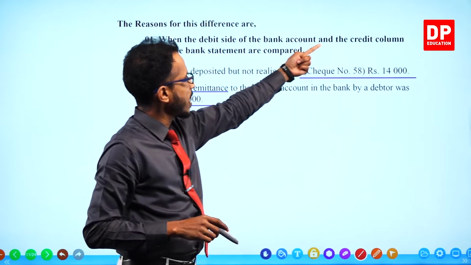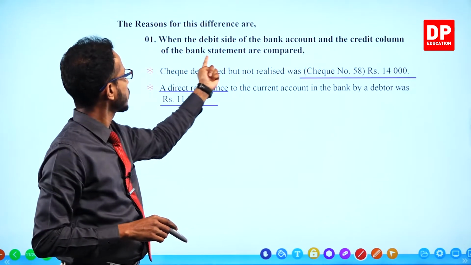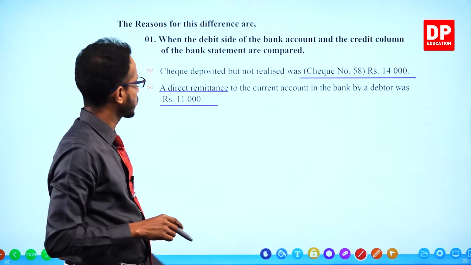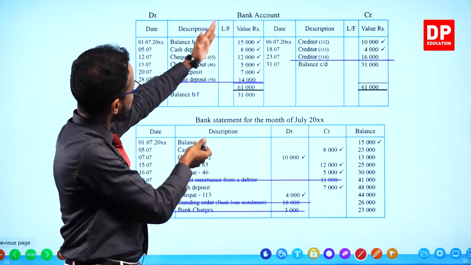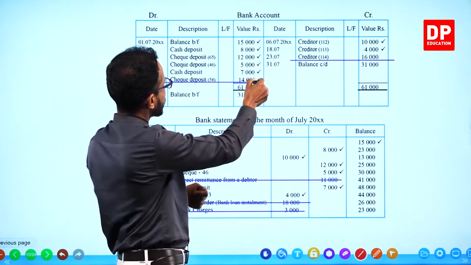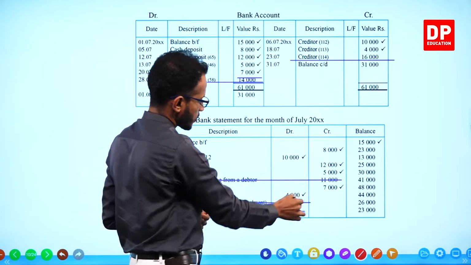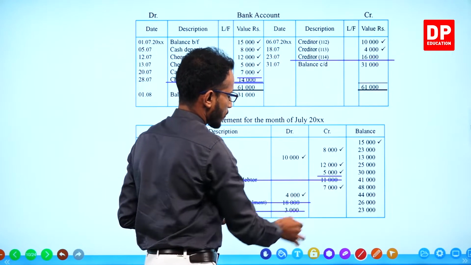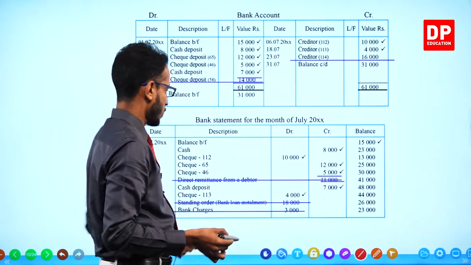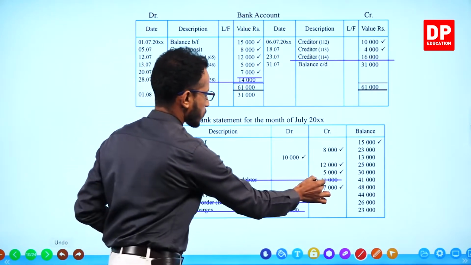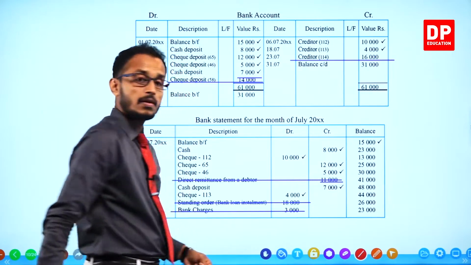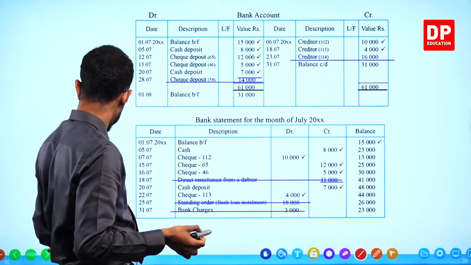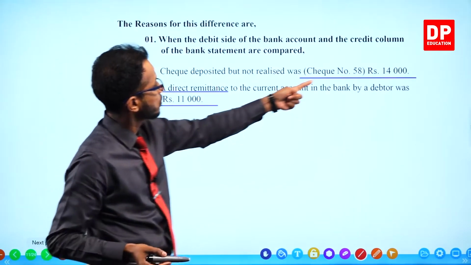Debit side of the bank account and credit column of the bank statement. That is what they say here, 14,000 and 11,000.